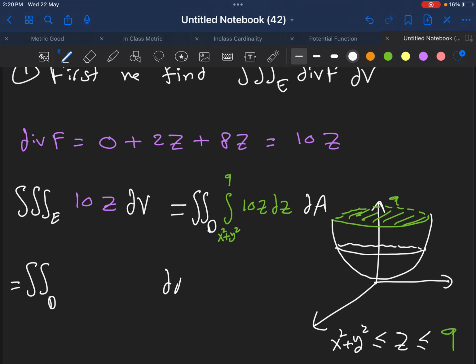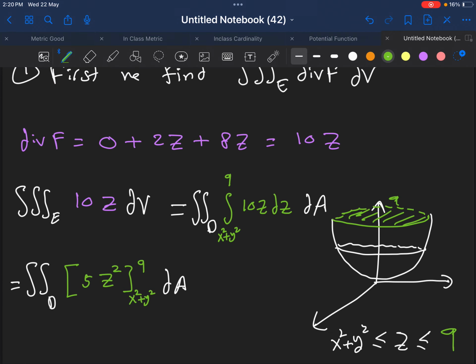Now let's evaluate this integral here. The one in white will wait until we finish. The one in green will be 10z squared over 2, so I can just write it as 5z squared, and then evaluate from x squared plus y squared to 9.